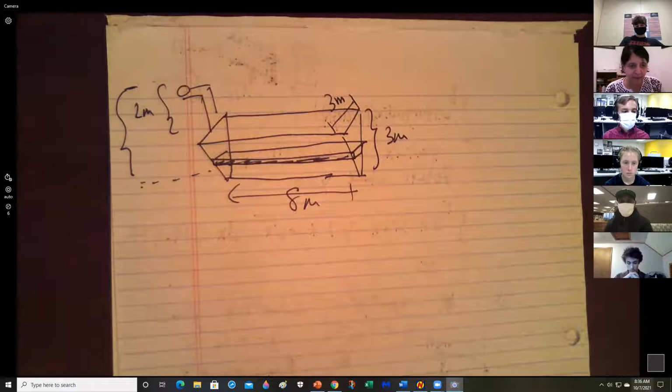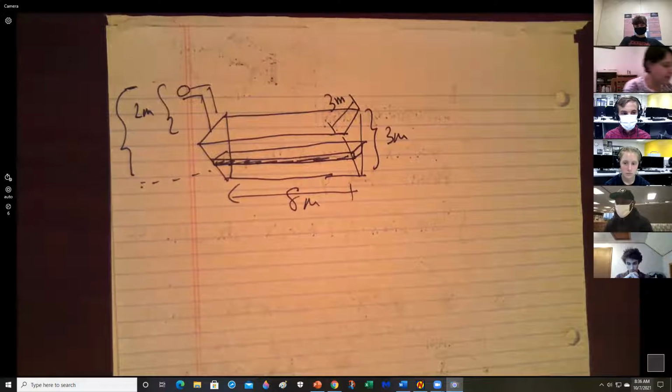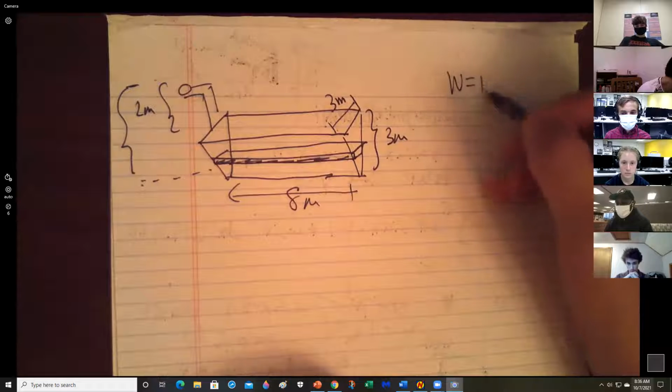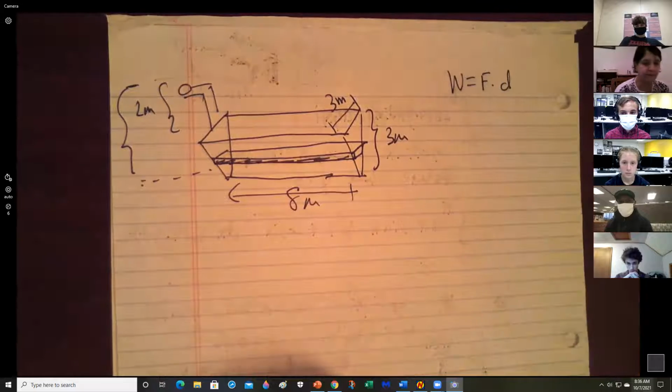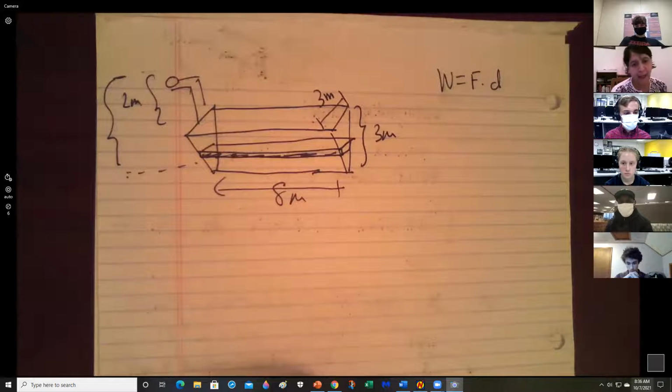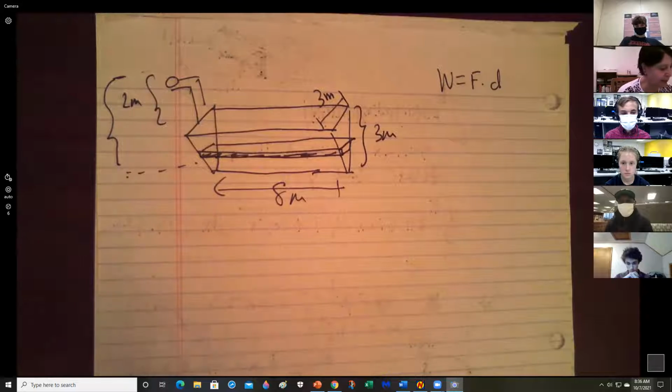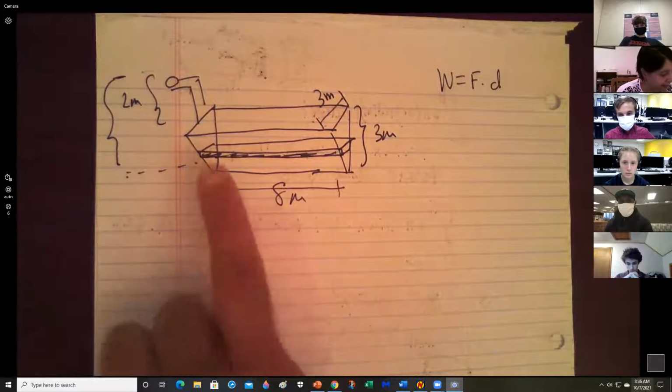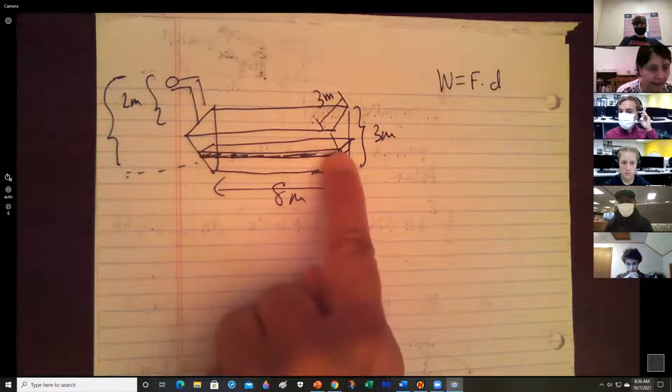Can you see? So when you have a variable force, of course, we're going to use calculus. So remember, we said work done is force times distance. Let's see, how can you use your calculus to figure that out? Well, this is like a rectangular slab.